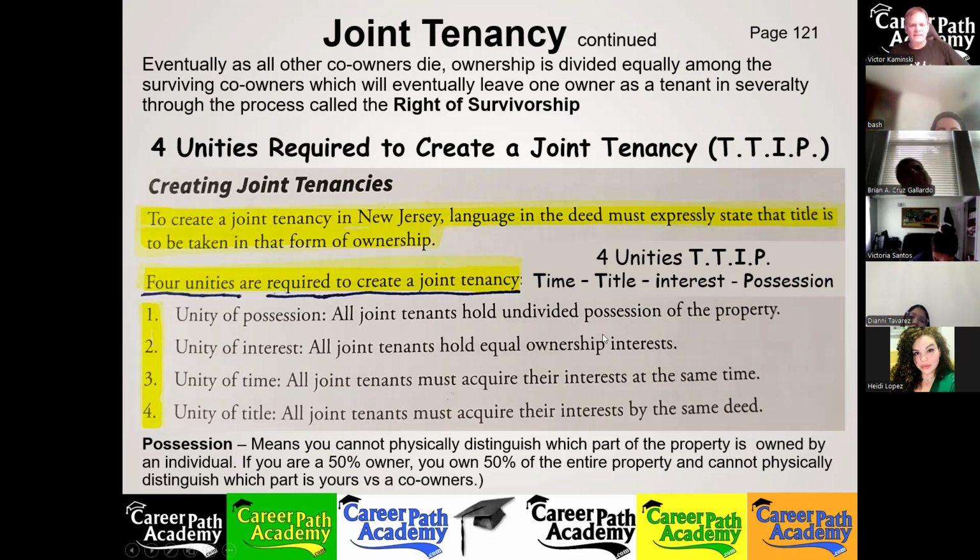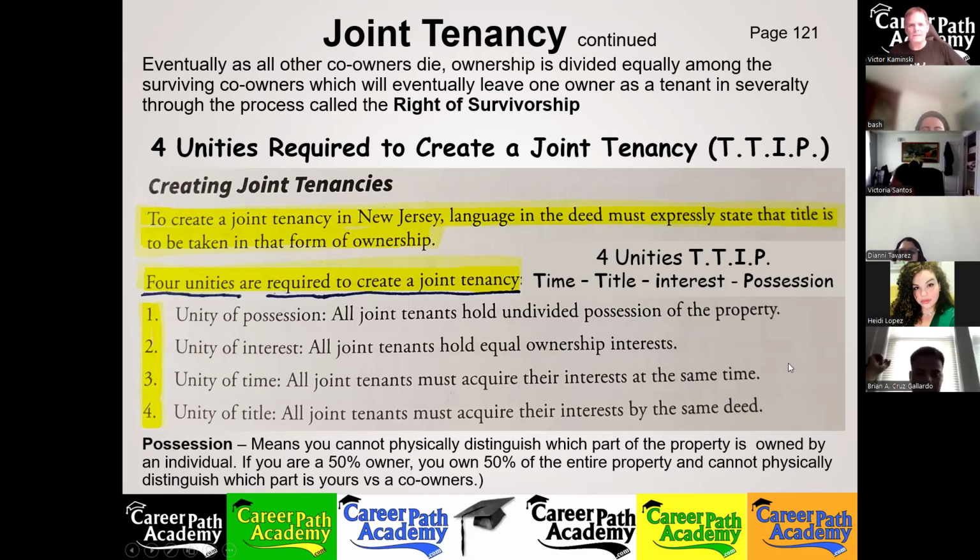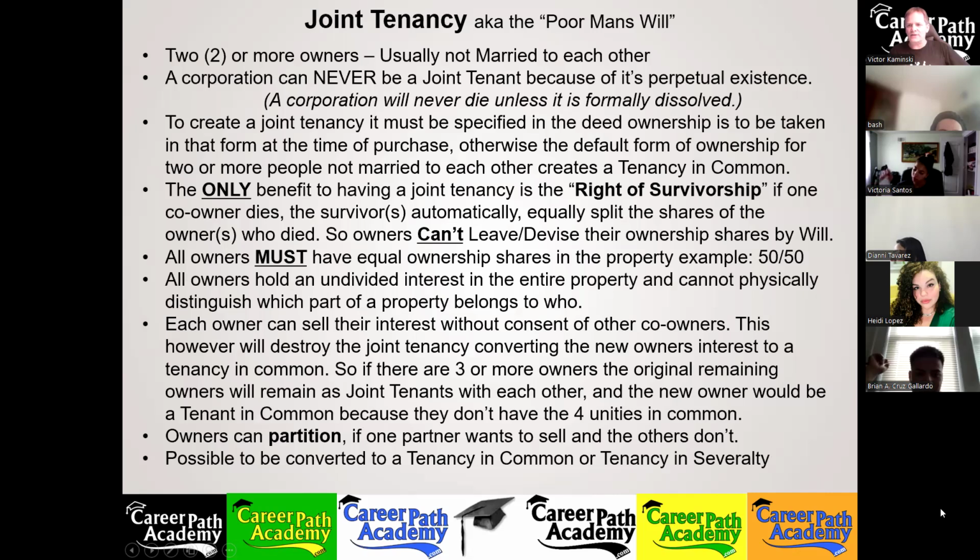All right, everybody get these notes? Everybody got them down, the highlights in the notes here? Yes. All right. So here we go as a slide. You could grab a screenshot of this if you like. Joint tenancy is when you have two or more owners, usually not married to each other.